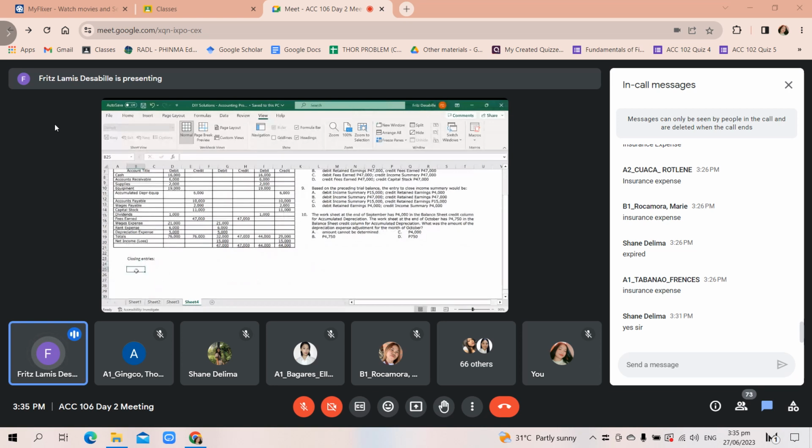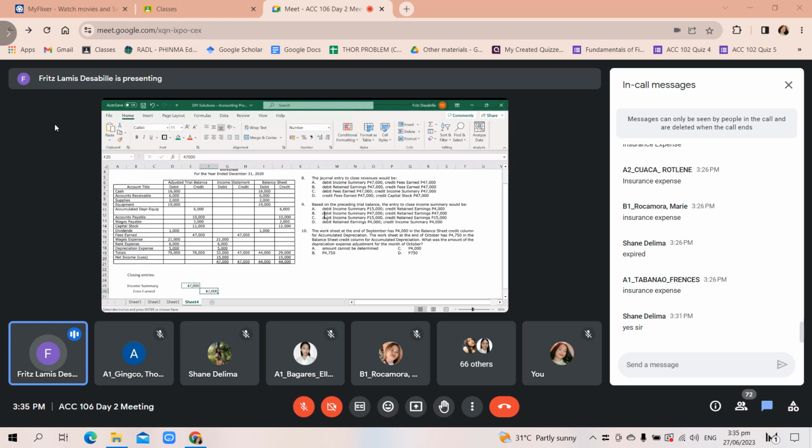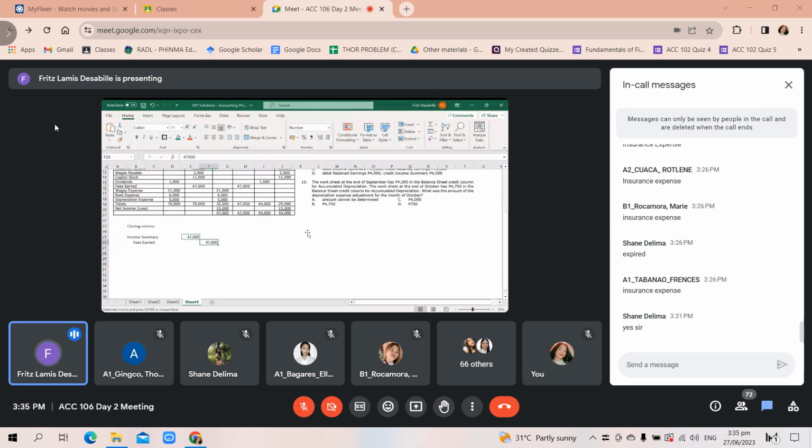So the journal entry to close revenue is debit income summary amounting to 47, the credit to fees earned 47. So unsa man na siya? The answer would be debit fees earned, credit income summary 47. That's letter C. So number 8, letter C.